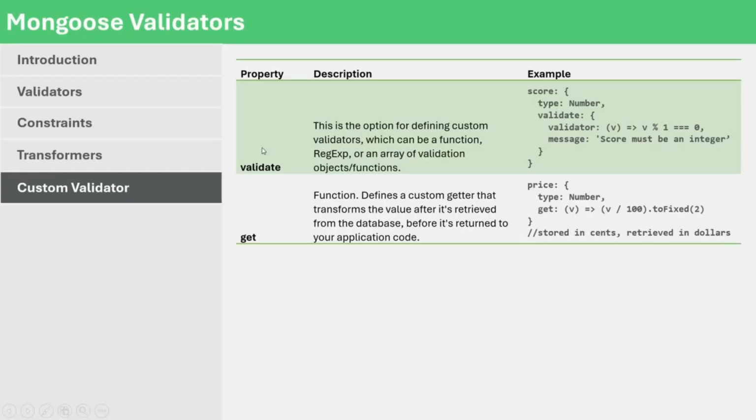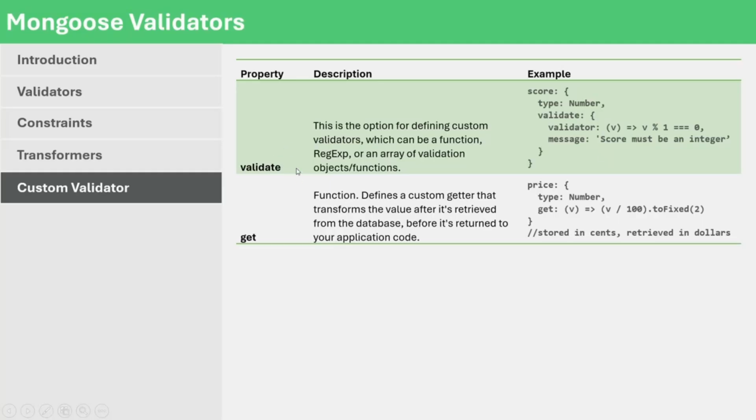So we learned about this validate property, and this is the option for defining custom validators, which can be a function, regular expression, or an array of validation objects. So a validator can not only be a function, it can also be a regular expression or an array of validation objects or functions. So here you can see an example of how to create a custom validator.